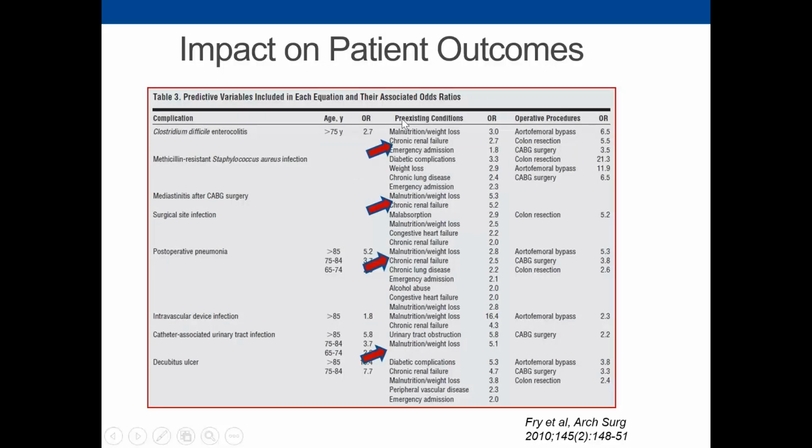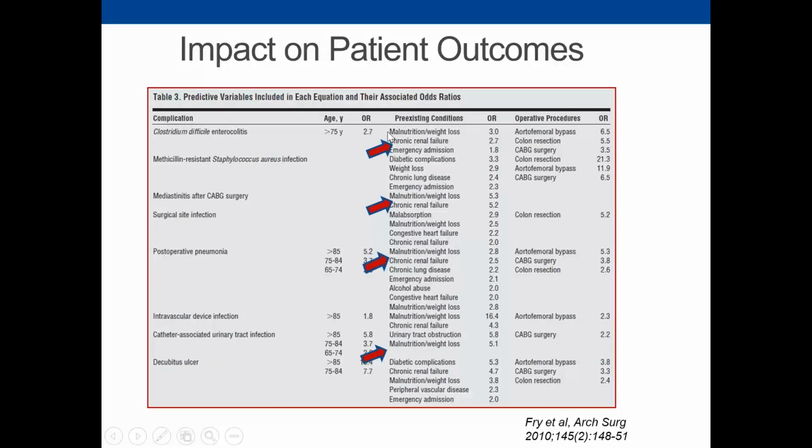But when you looked at the pre-existing conditions and all of these types of complications, weight loss and malnutrition raised the risk of developing these particular complications or conditions to a much greater degree.